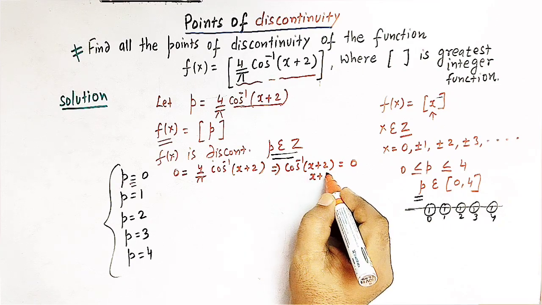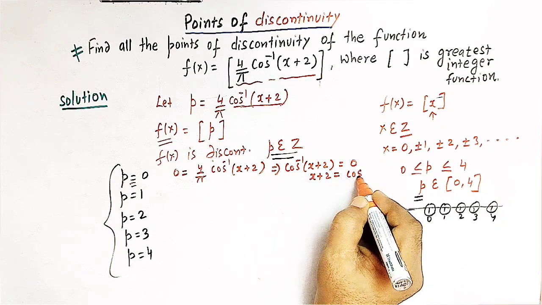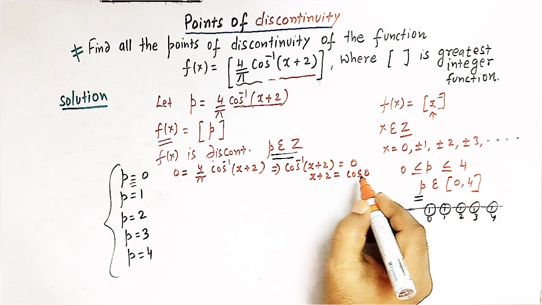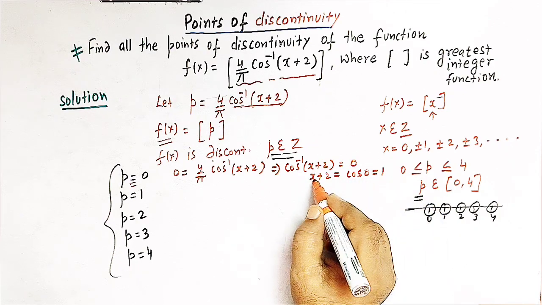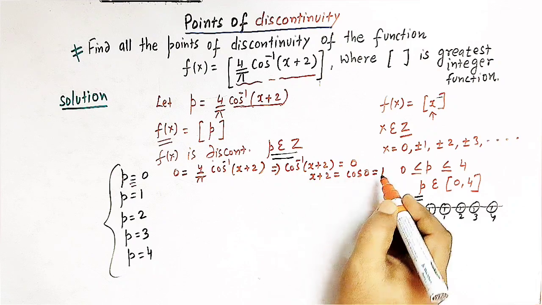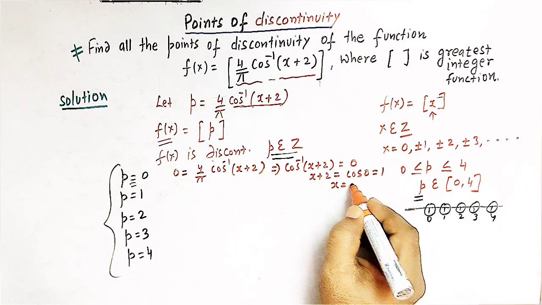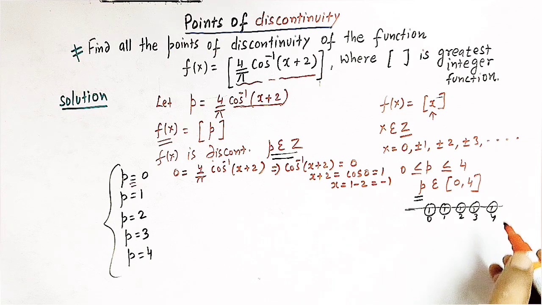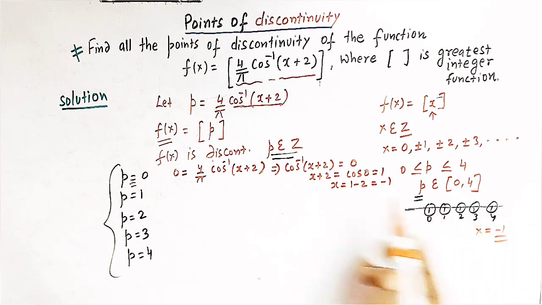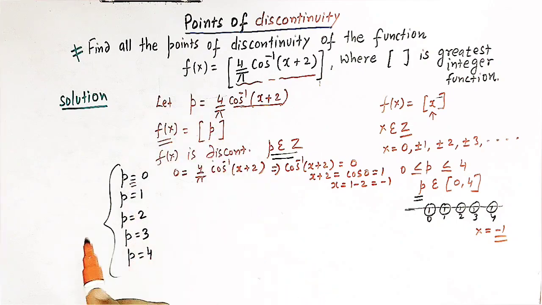And we can write x plus 2 is equal to cos of 0, and cos of 0 is equal to 1, right? So we have a linear equation. So x plus 2 is equal to 1, so x is 1 minus 2, that is minus 1. So we have one point, that is x is equal to minus 1, where this function is discontinuous.